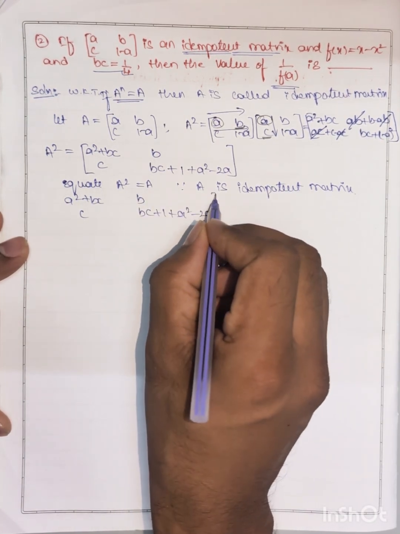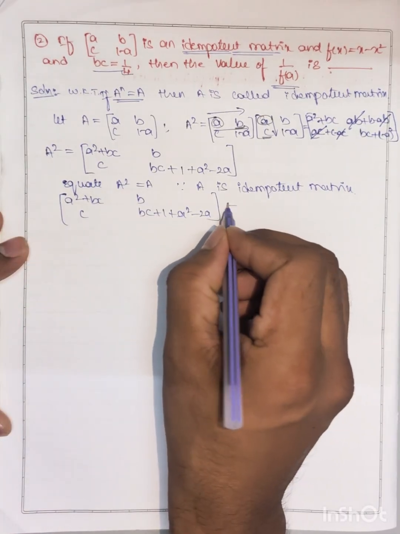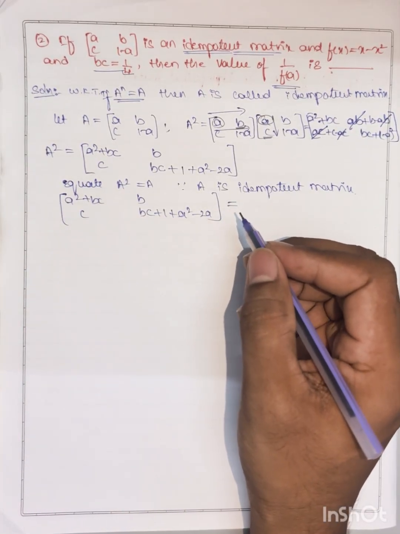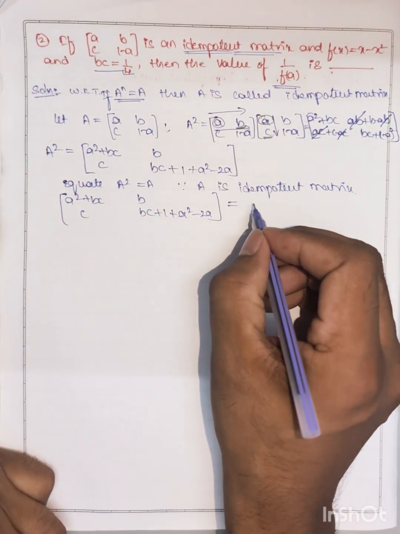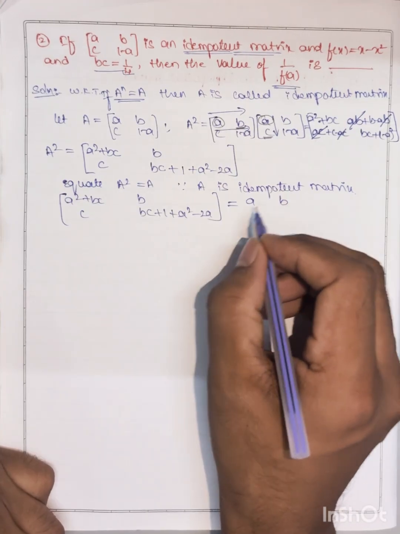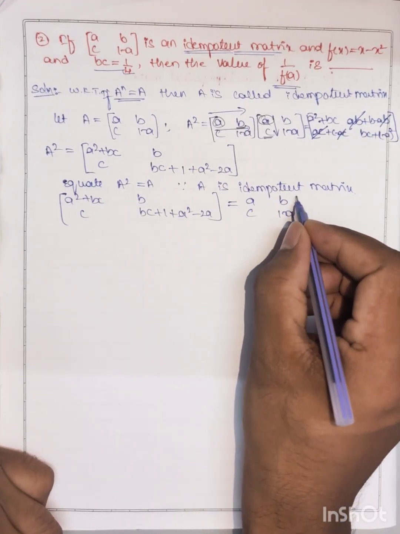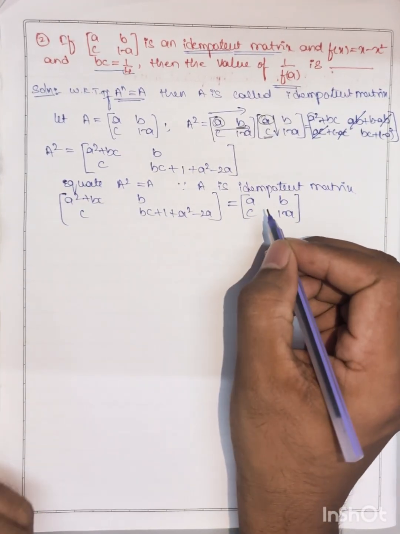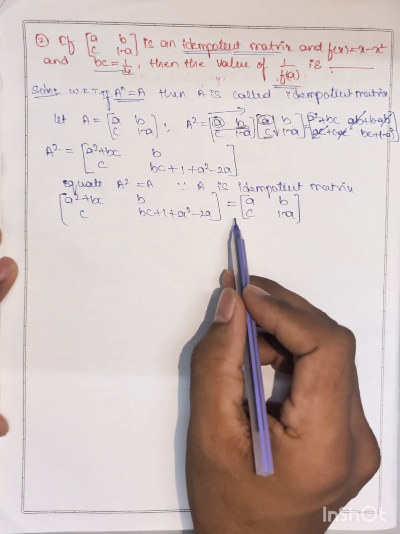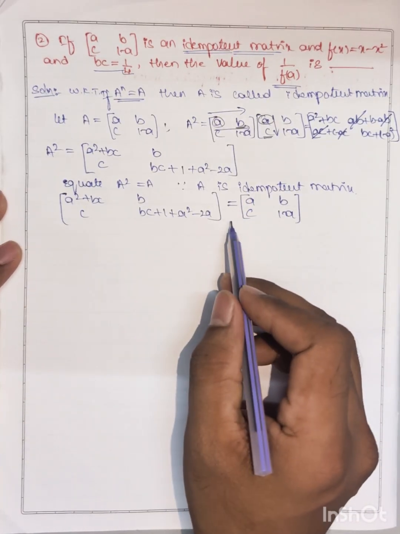Now I am equating this with matrix A, whose elements are a, b, c, 1 minus a. So in between these two matrices we have an equal sign. It means that the given two matrices are equal.